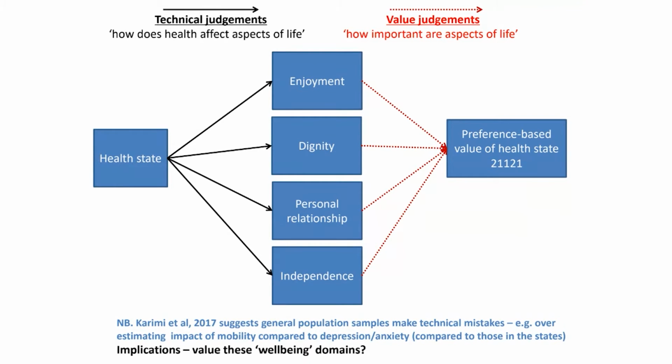So this might lead us to think, well, why don't we drop health entirely and instead look at these high-level well-being domains, and actually describe those when we ask people to do the valuation, because that will get us closer to what we want.